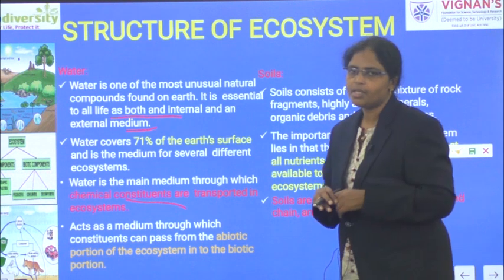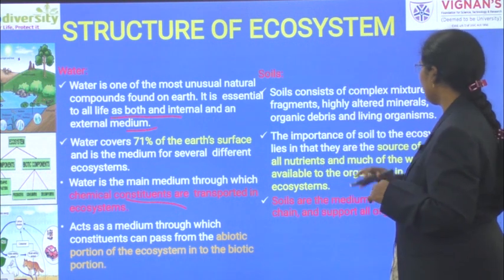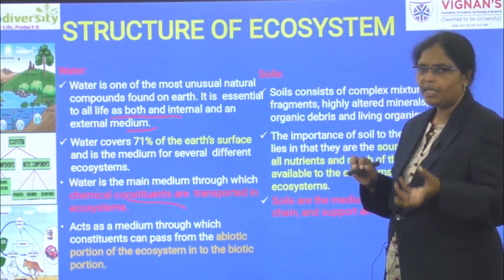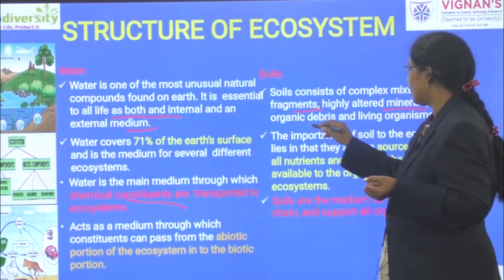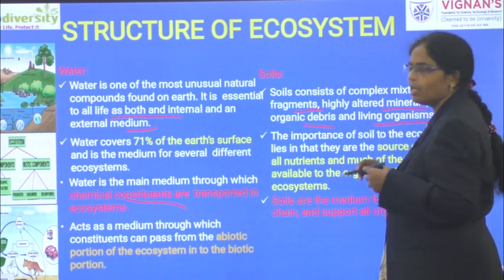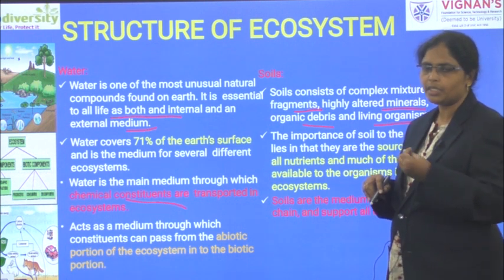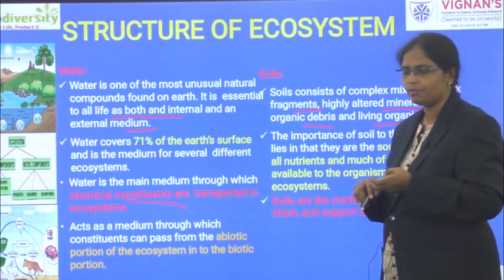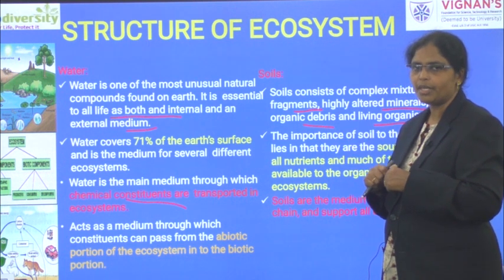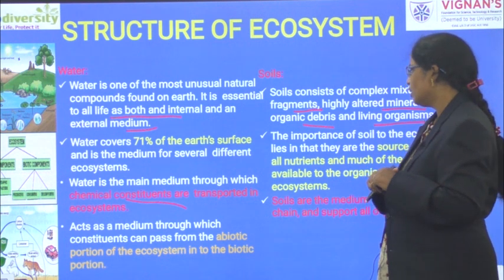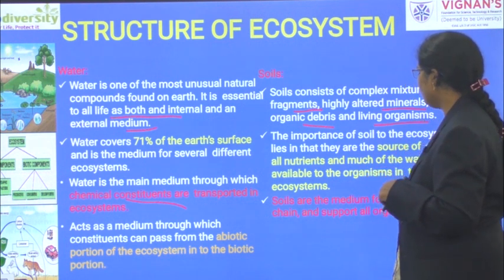Another one is the soil. Soils are a mixture of mineral fragments, organic debris as well as living organisms. The dead parts or debris of living organisms and minerals, all these nutrients make up the soil. So the soil plays an important role.